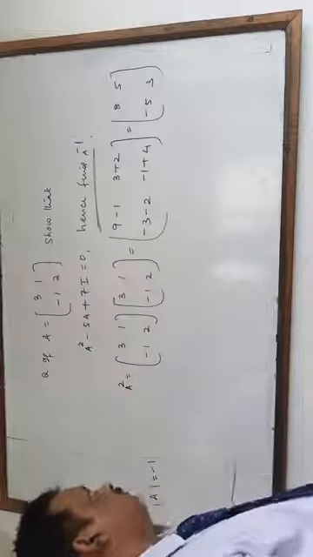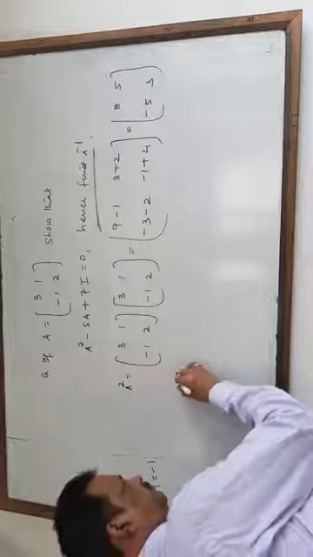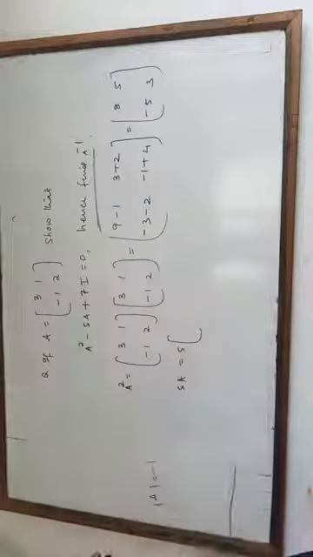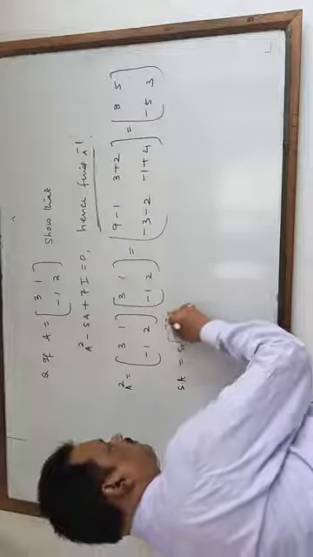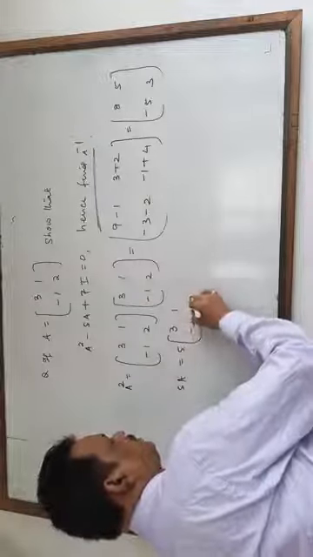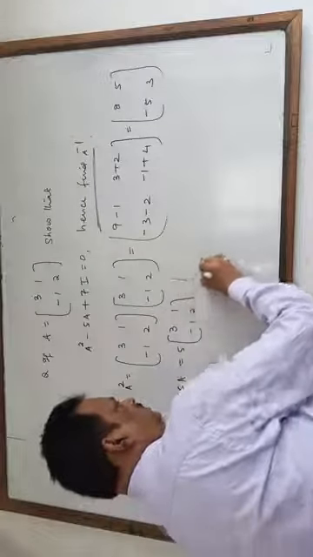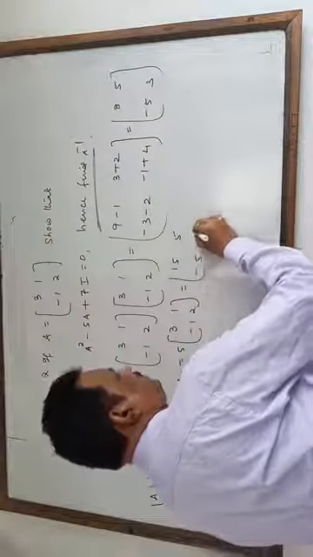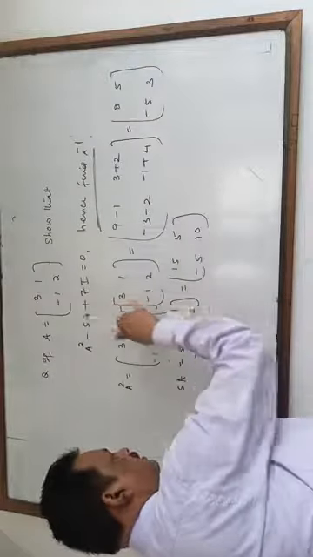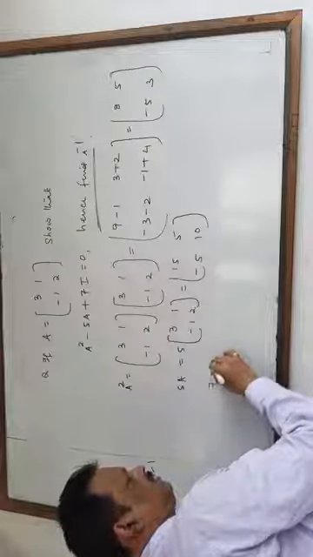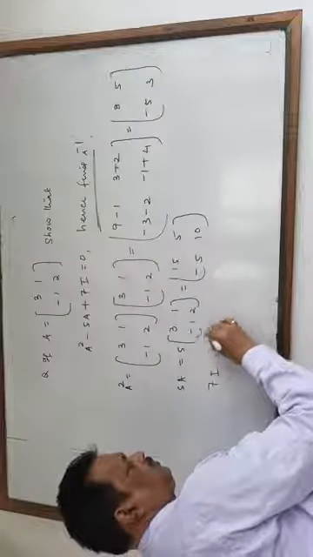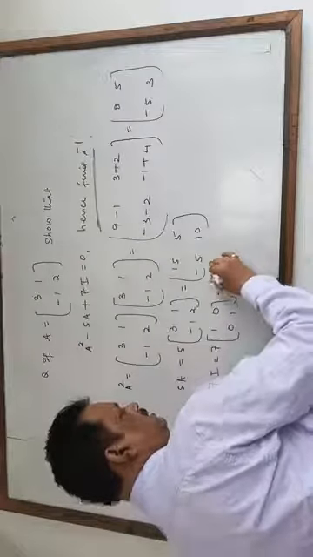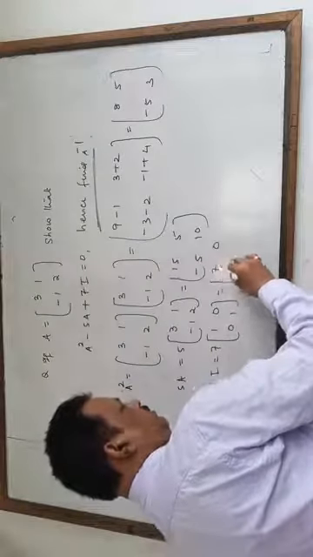A square, 5A. 5 times 3 1 minus 1 2, that is 15 5 minus 5 10. 7I means 7 into 1 0 0 1, that is 7 0 0 7.